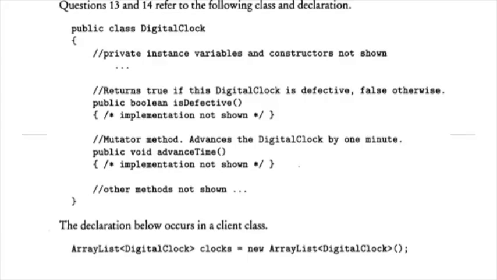It's called advanceTime. Its function is a very simple mutator method that advances the digital clock by 1 minute. There are also a lot of other methods not shown, because we only want to focus on these two methods. The declarations below occur in a client class where we organize a data structure of the type we just declared, DigitalClock.